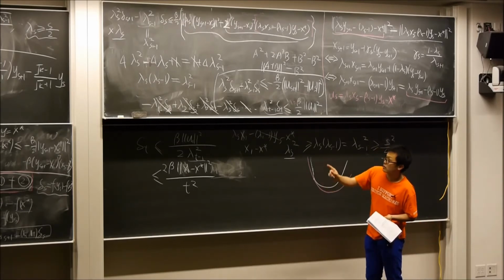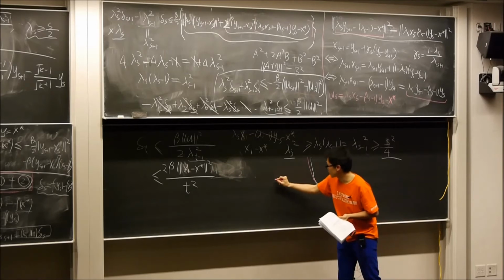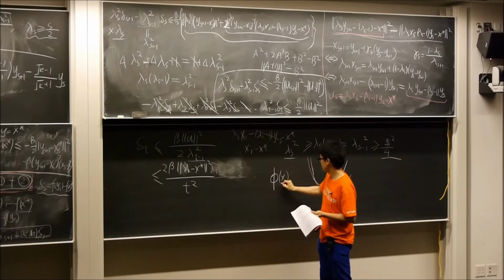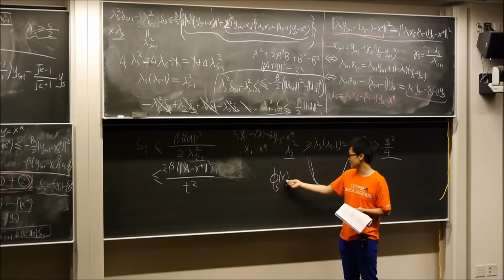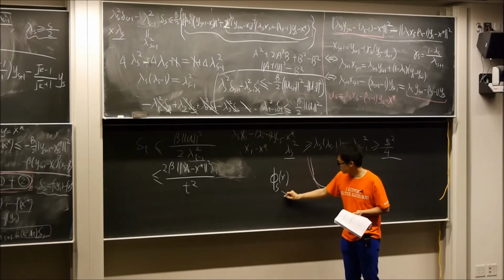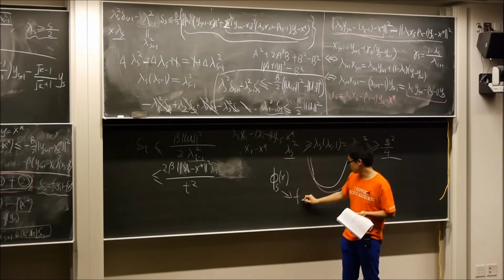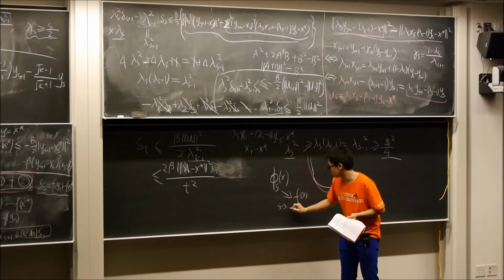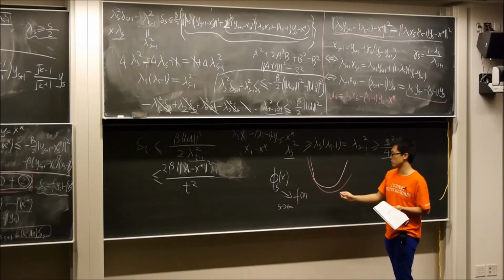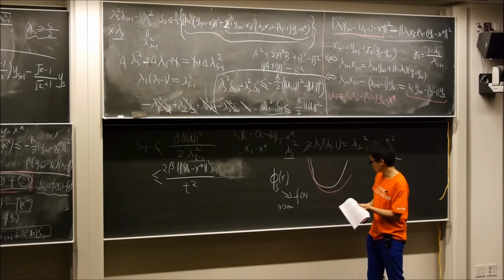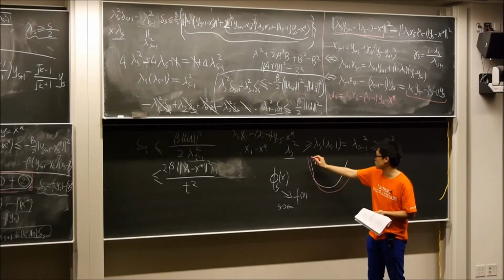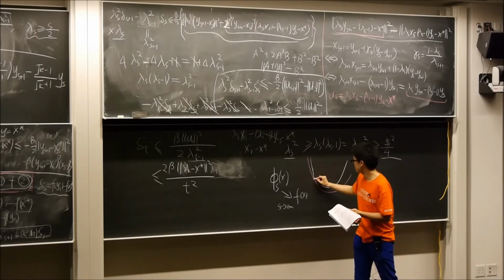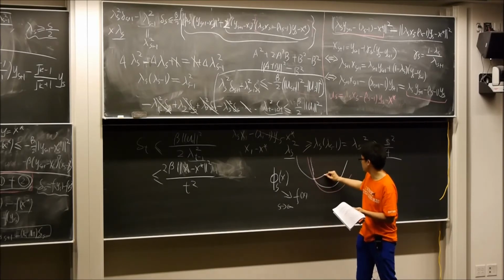At the same time, they construct a sequence of functions called phi s x, which approximate f x when s becomes large, and that function actually looks like some shifted version of the same quadratic function here, which is centered around this.